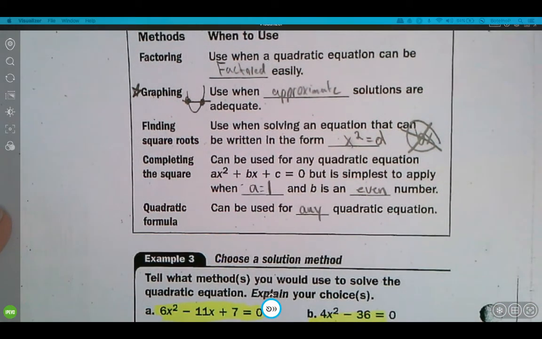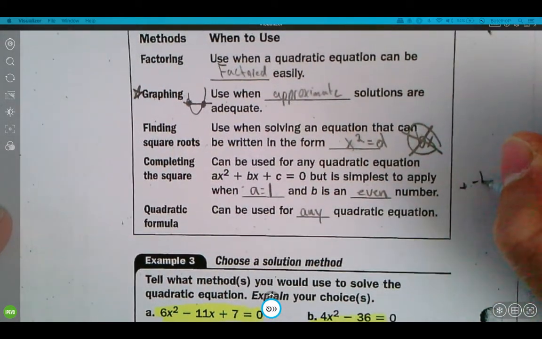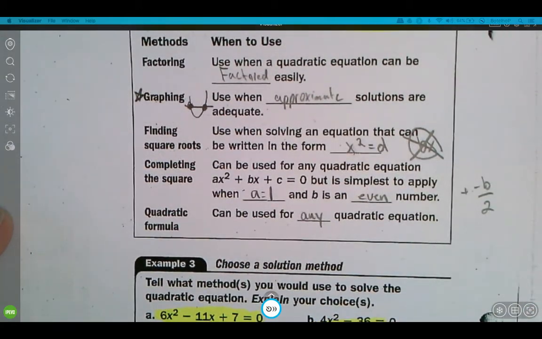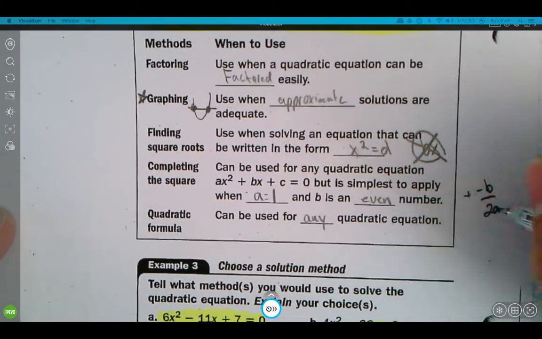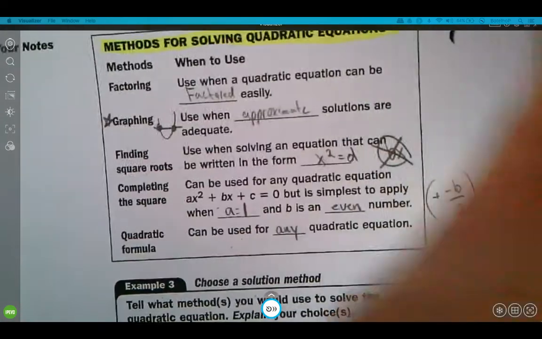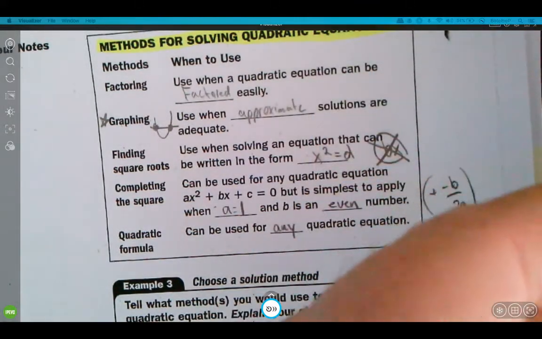Remember, when you complete the square, you want to add negative b divided by 2, let me just make sure I got this right, to both sides. I believe that's correct. Yeah, now I feel like I need to go back and check. That would be really bad if I gave you the wrong information.